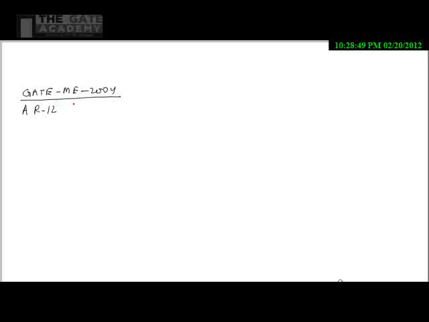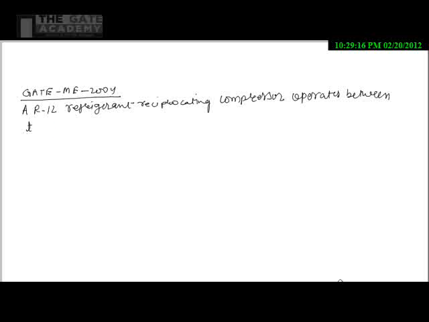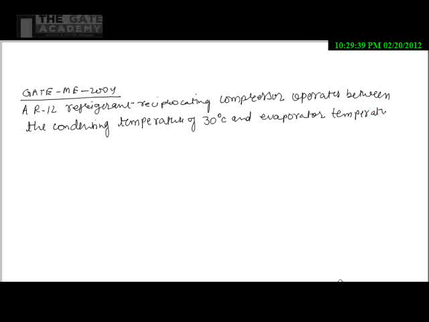An R12 refrigerant reciprocating compressor operates between a condensing temperature of 30 degrees centigrade and an evaporator temperature of minus 20 degrees centigrade.